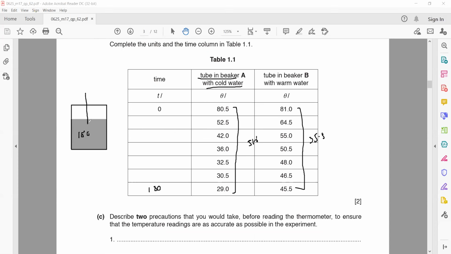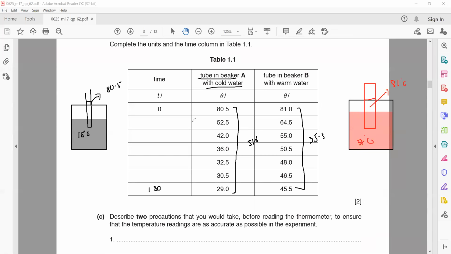And we place a tube inside which has water at 80.5, and we repeat this procedure with hot water. The initial temperature of the hot water was 37, and the tube inside this hot water has water at a temperature of 81.